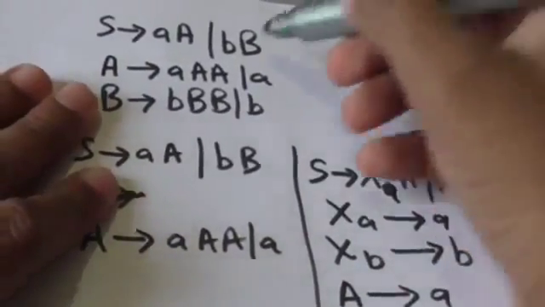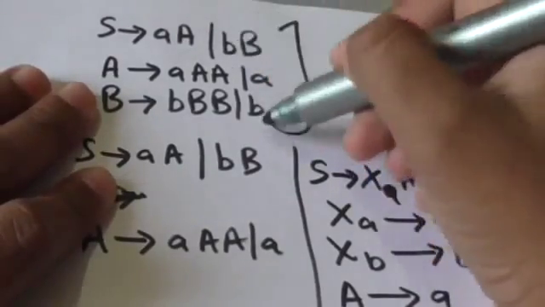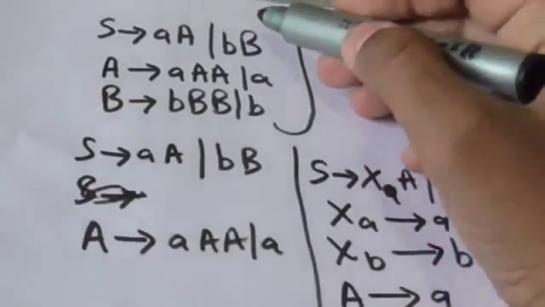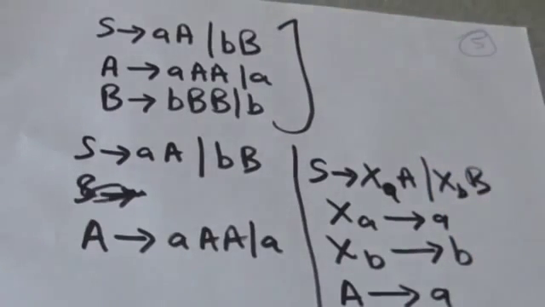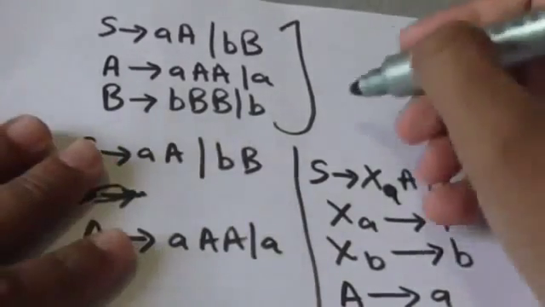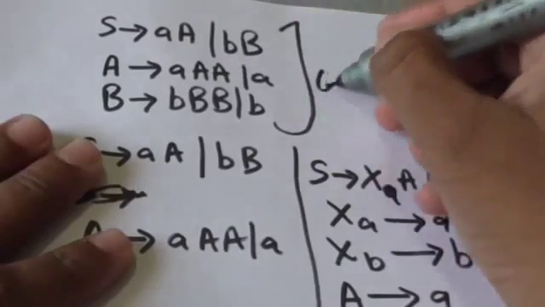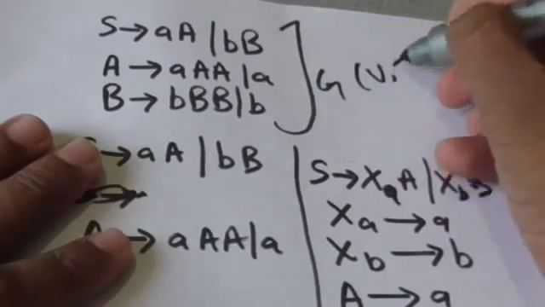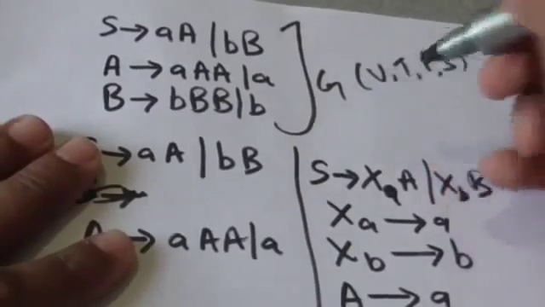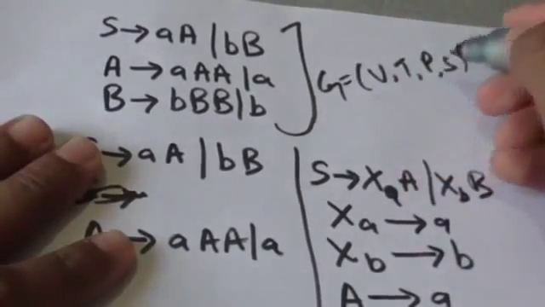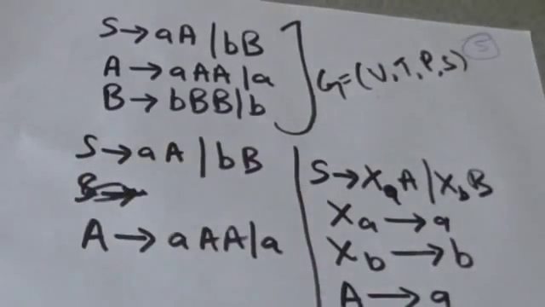Now see, suppose there is a grammar whose productions are these ones. Now we have to convert this grammar into Chomsky normal form, right? That grammar is G, which is defined by quadruple V, T, P, S, where V is the set of variables, T is the set of terminals, P is the set of productions, and S is the start symbol.